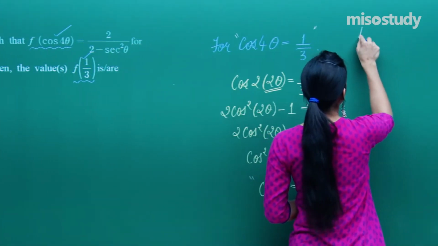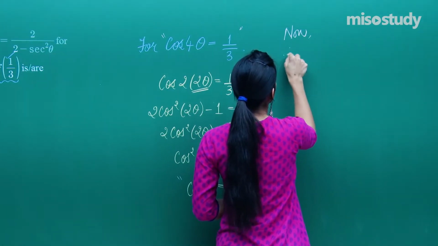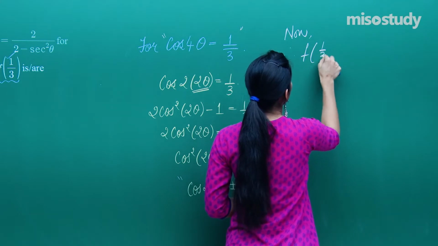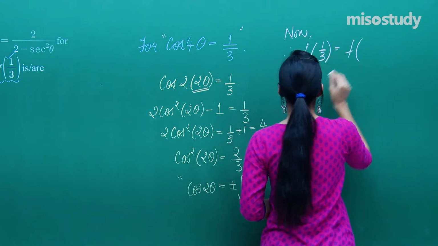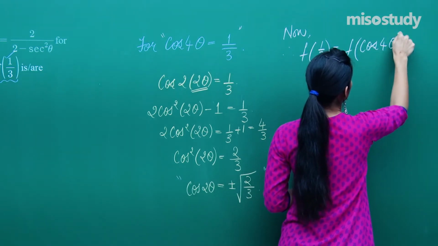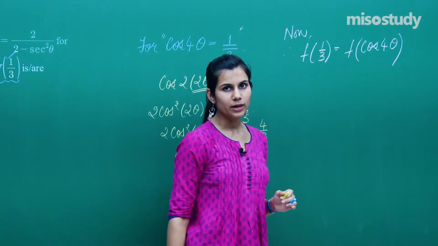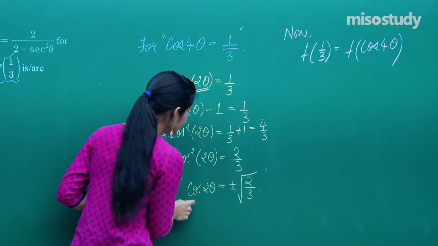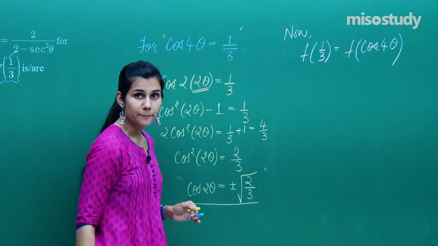Now, therefore, f of 1 by 3 is f of cos 4 theta. Why? Because I am taking cos 4 theta to be 1 by 3. That means I am taking that this situation is happening.